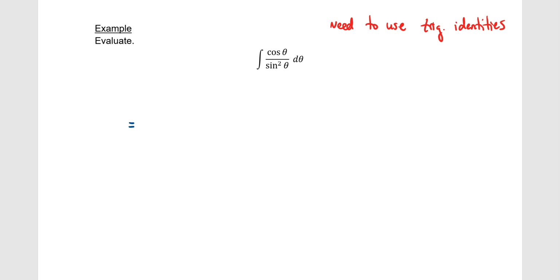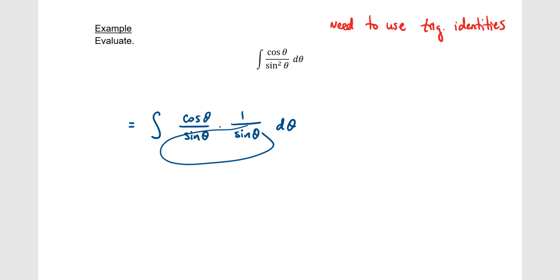So what we're going to do is rewrite this as the integral of cosine theta over sine theta times 1 over sine theta d theta. Notice all we did here was chop up the denominator. Instead of sine squared, we wrote it as sine times sine.